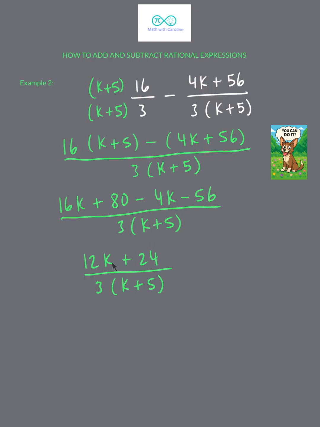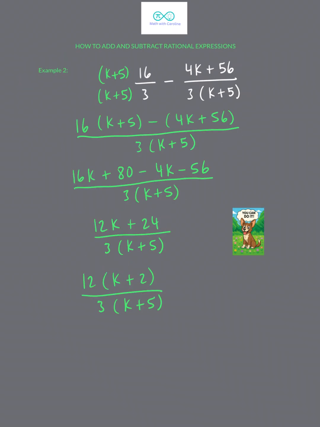And now we're going to want to factor our numerator. Go ahead and do that. We factored out our greatest common factor of 12, and so we have k plus 2 left. And so we can divide this 12 by this 3. So this is going to simplify to a 4. 12 divided by 3 is 4.